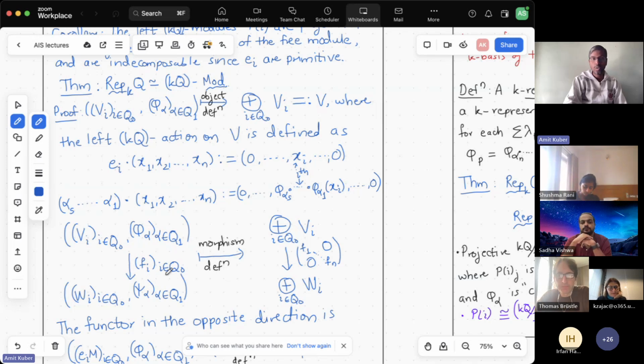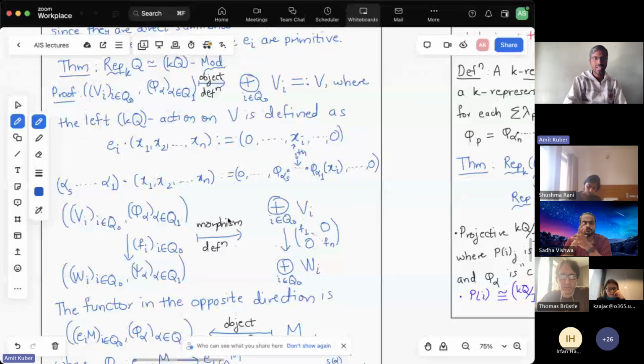So this tuple of f_i gets mapped to the obvious thing, the direct sum of all these maps, or the diagonal matrix acting on all these V_i. And you can show that this functor is fully faithful and essentially surjective if you are willing to assume some set theory.